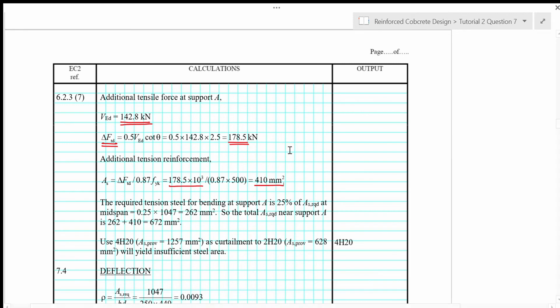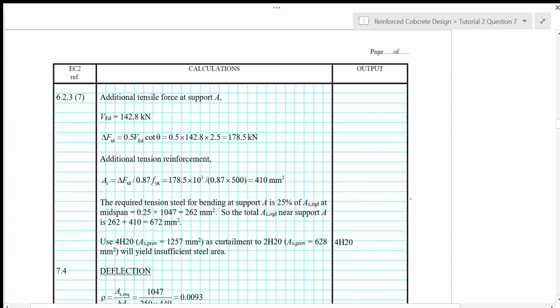So based on the simplified rule of curtailment, the required tension steel for bending at support A is only 25% of As required at midspan. So that gives 0.25 times the As required near the midspan, which is 1047 square millimeter, and that will give us 262 square millimeter. So the total As required near support A is 262 plus the As from delta FTD, so that is 672 square millimeter.